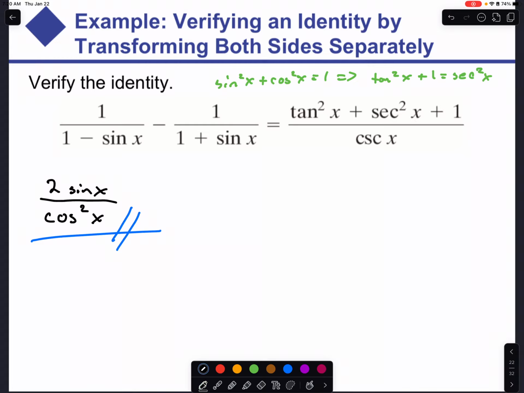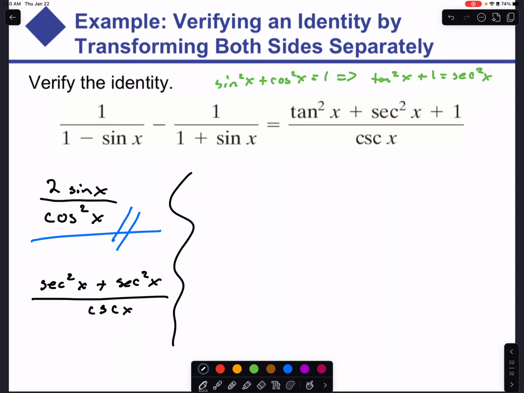So then tan squared plus 1 is secant squared, so now we have what? Secant squared x plus another secant squared x over cosecant. Okay, I'll keep working over here for right now. So then it looks like we have 2 secant squared x over cosecant x. Now I'm going to change things to sine and cosine.